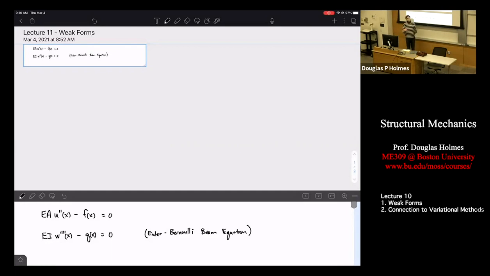You're going to solve on your midterm exam for the governing equation for beams that are undergoing large deflections. So the more general version of this equation is what's known as the elastica.